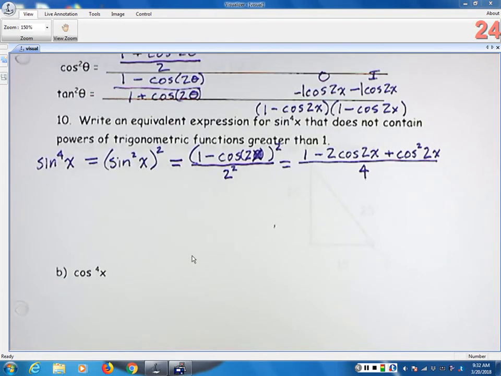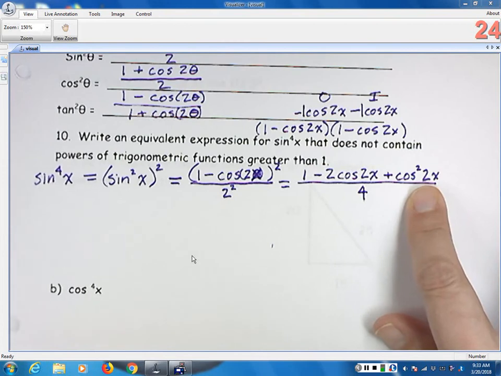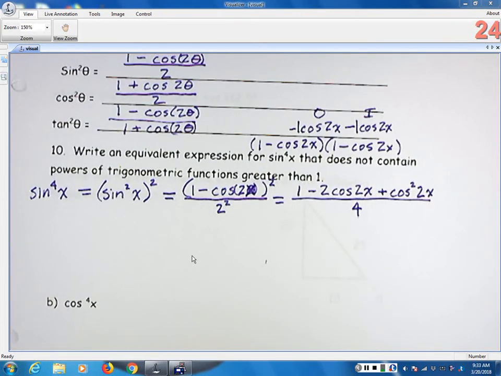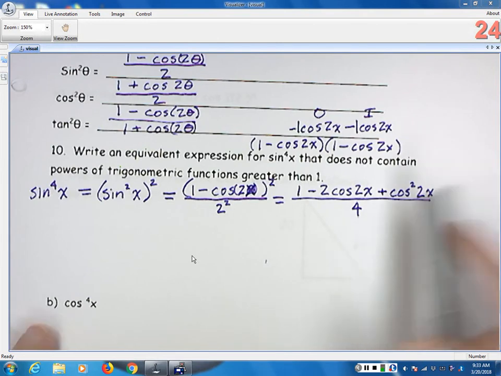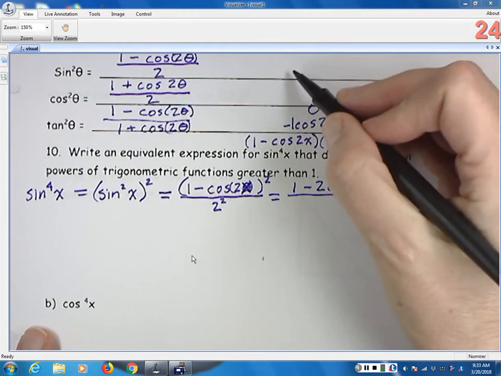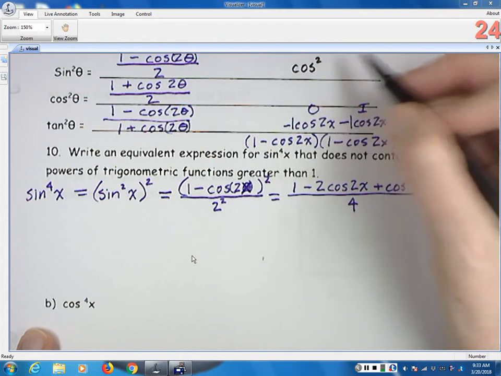Now, I'm going to do things off to the side, up in a different area to leave room for my work here. So cosine squared 2x, we can figure out what cosine squared 2x is. That's why it's written up here. Cosine squared of 2x.